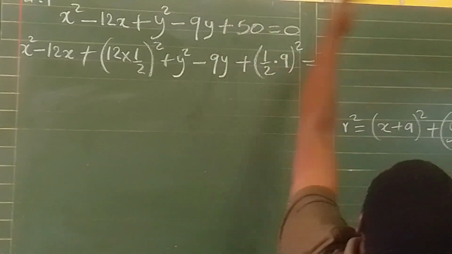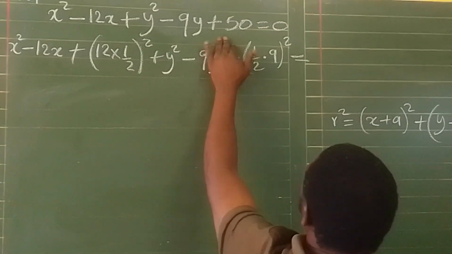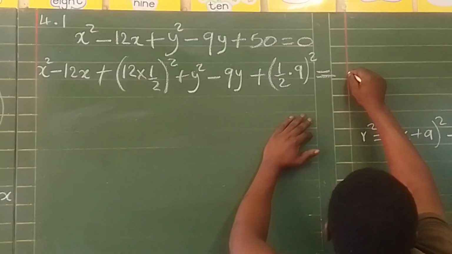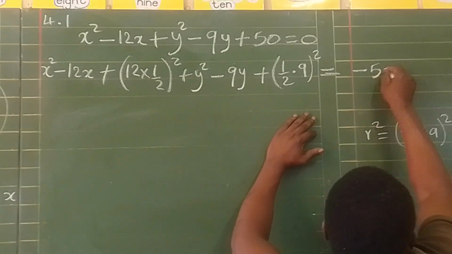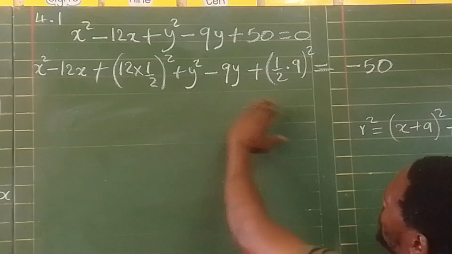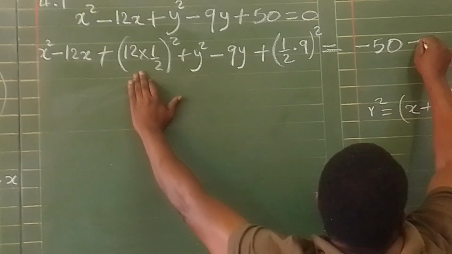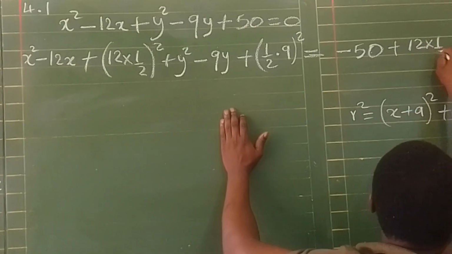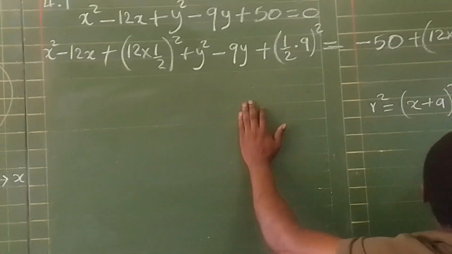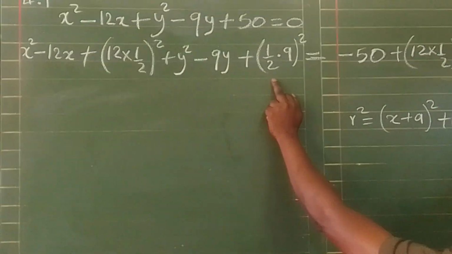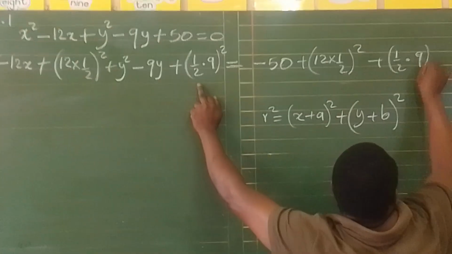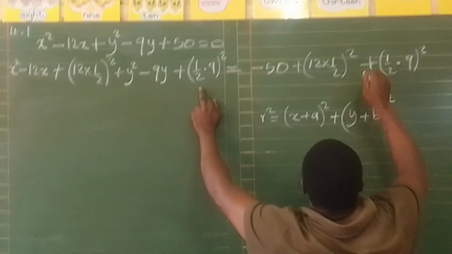You take this 50 from the left hand side to the right hand side. It was positive, so you make it minus 50. What you do on the left, you must also do on the right: plus half times 9, all squared.